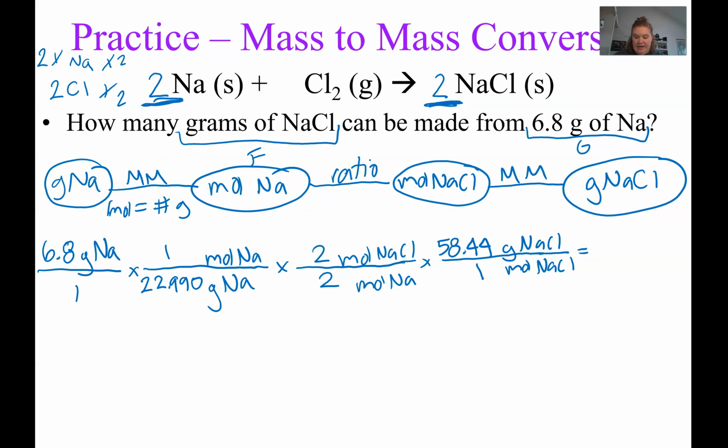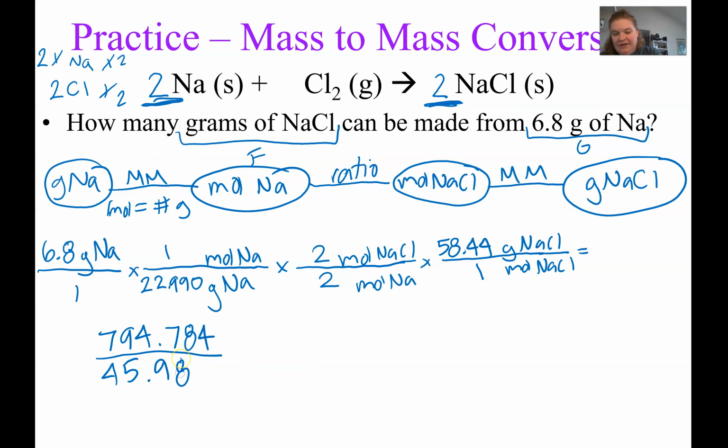So when I put this in my calculator, I'm going to do 6.8 times 2 times 58.44. I'm going to write it down. 794.784. And then the bottom I multiply across 22.990 times 2, 45.98.